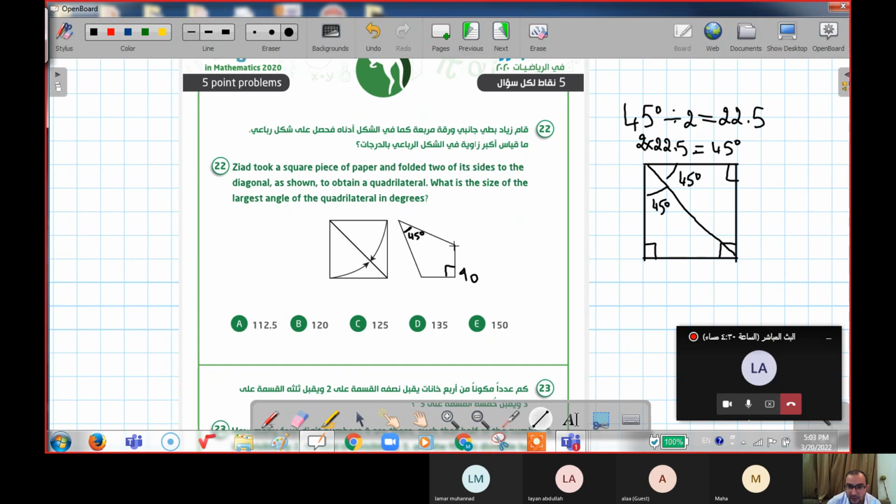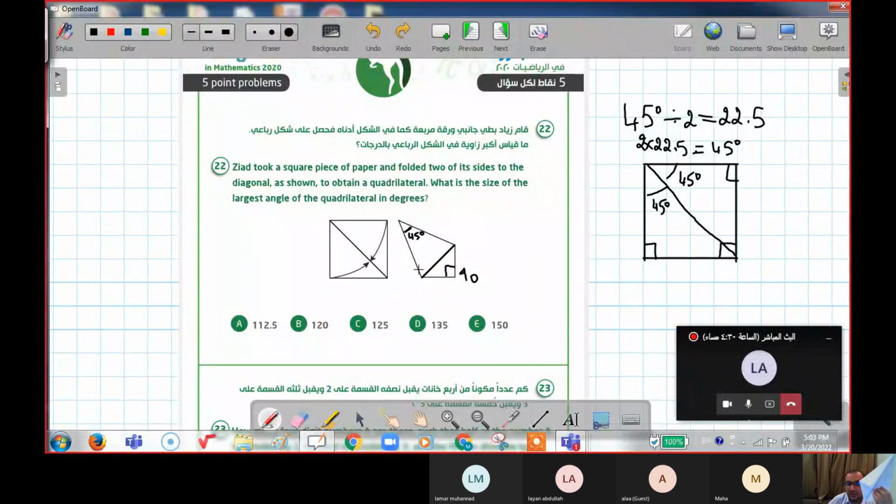Okay. Now, if I look at this figure, I want to know the largest angle here or here. This one or this one, because they are the same now.